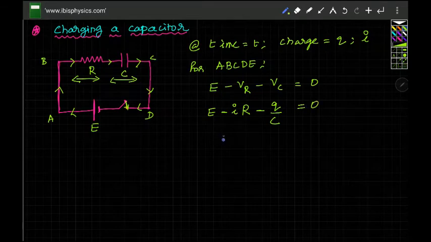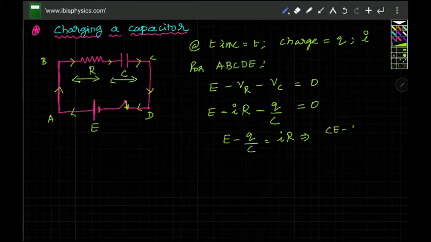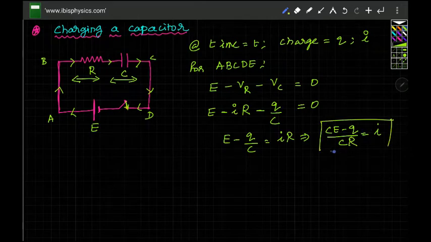So E minus q by C equal to IR, which means (CE minus q) by C equal to I into R. Cross multiply, and R comes over here. So I is equal to (CE minus q) by CR. But we know that I is equal to dq by dt.